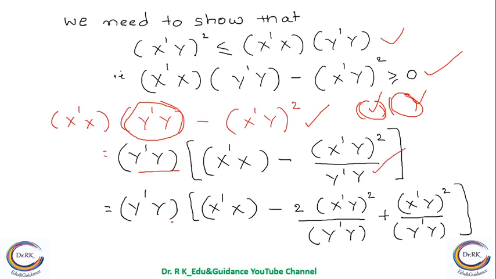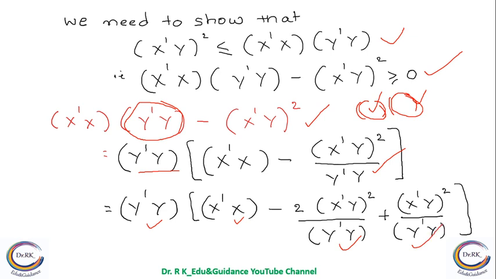Okay. So now y transpose y into x transpose x. Now we are adding 1 and subtracting 1. This term we are making as minus 2 plus 1. Therefore, minus, finally, this. Right? The same term we are making as minus 2 plus 1.